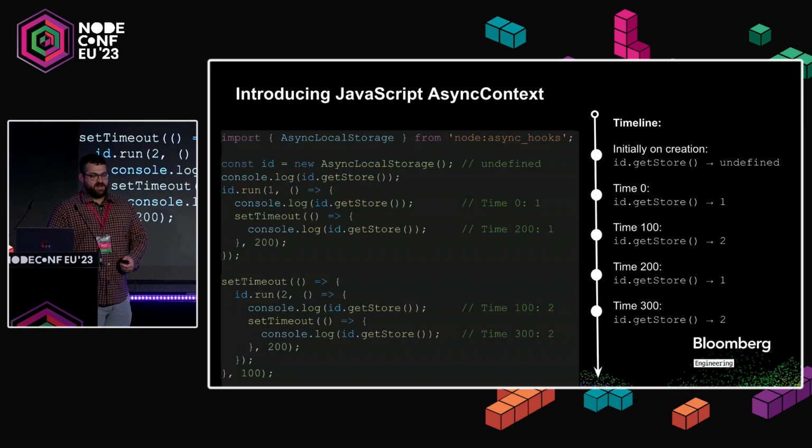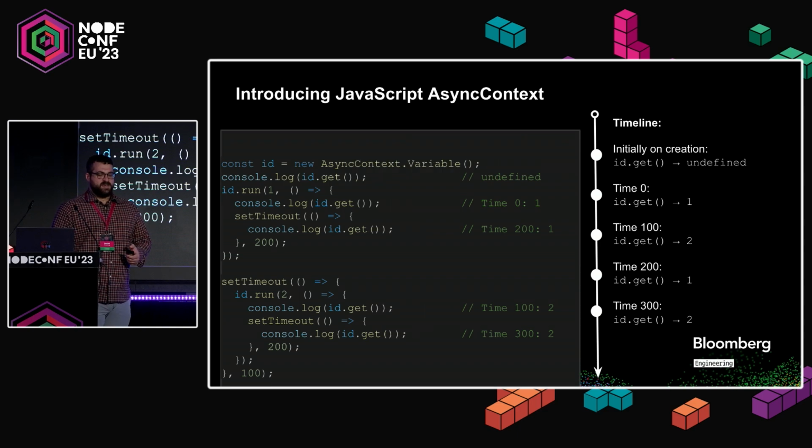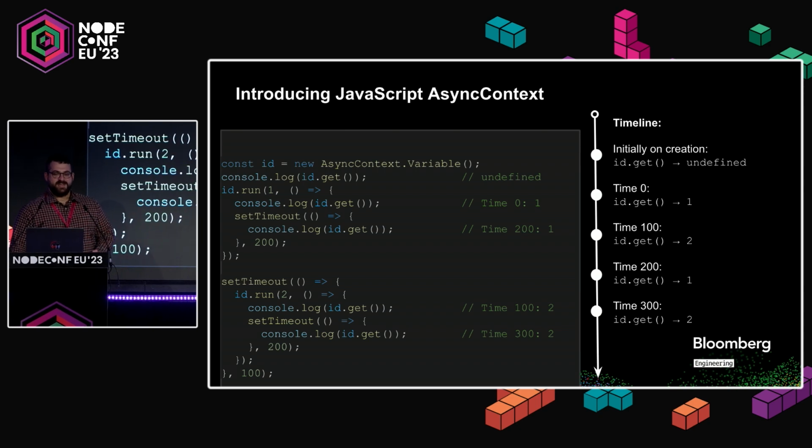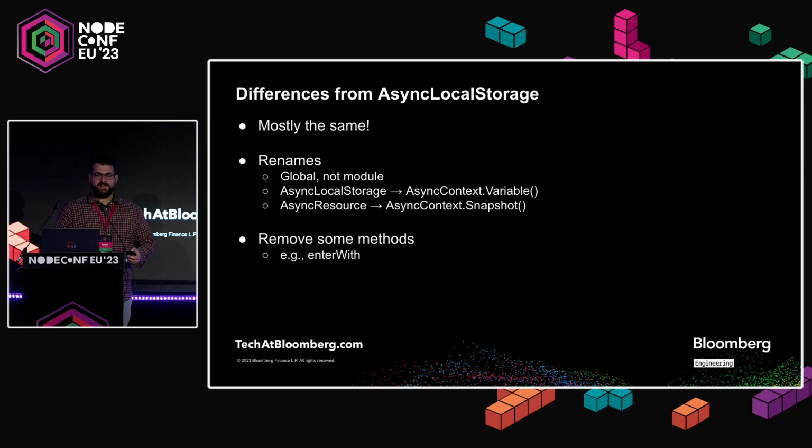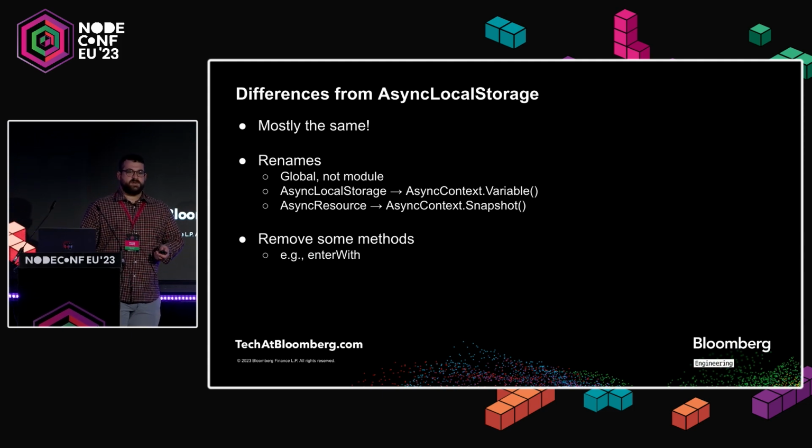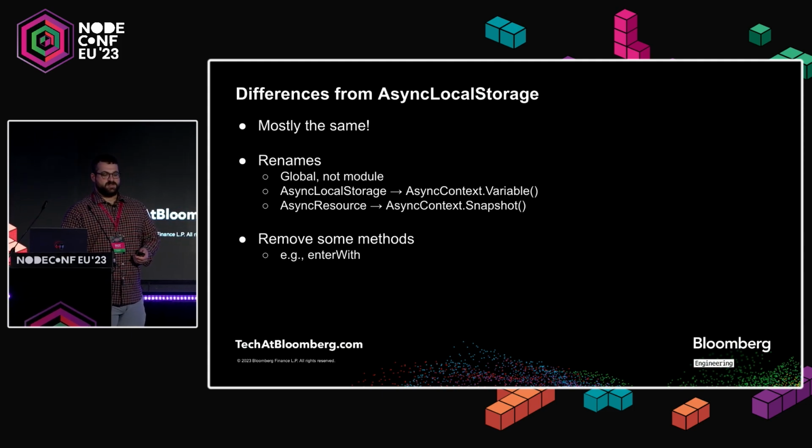So from async hooks, TC39 is making AsyncContext, which is basically the same thing. So if you look, it's just the name of the constructor changes. You call get instead of get store. Overall, when we make something that's built into JavaScript, for one, we can't use modules.